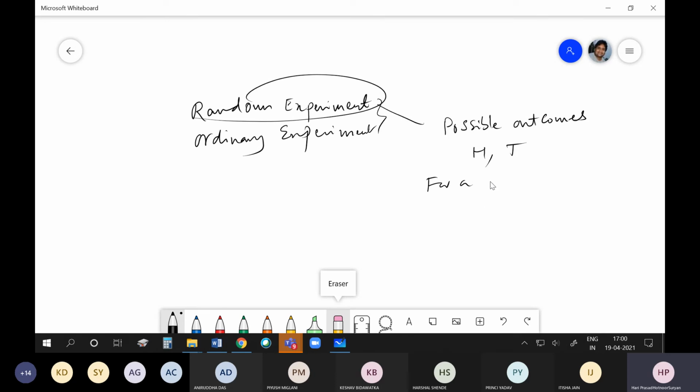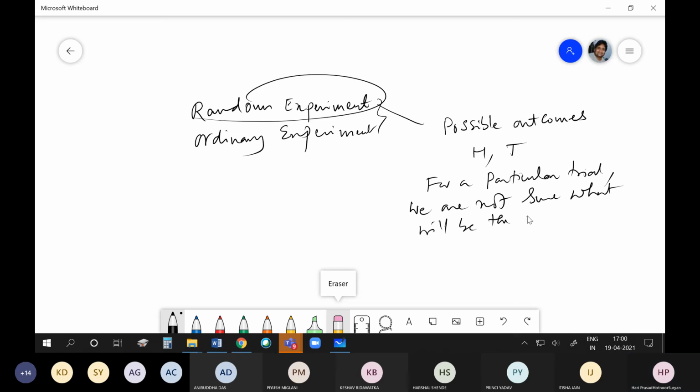That means for a particular trial, we are not sure what will be the outcome. But in an ordinary experiment, we know this.